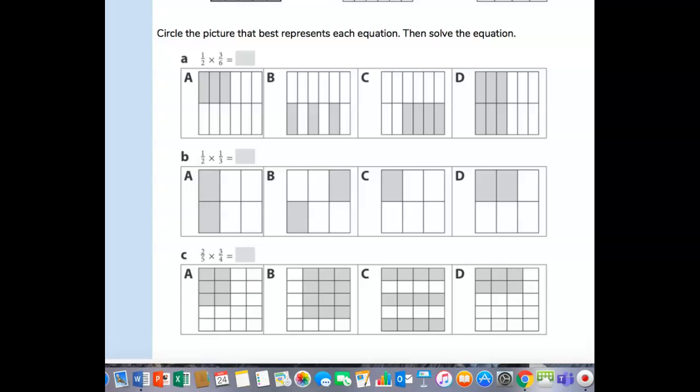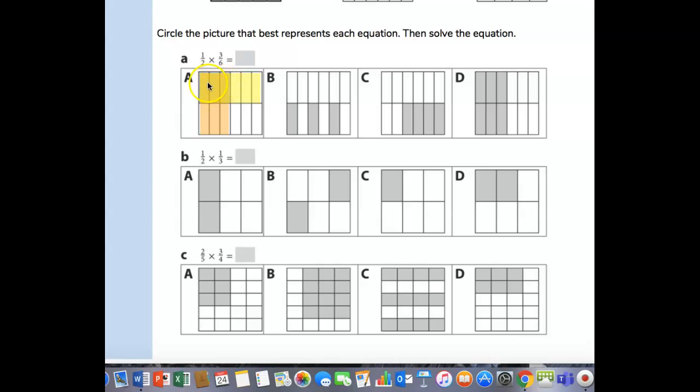Now, what we did was, and it's okay to do it this way, I just wanted you to see the whole thing. We shaded in all of the 3/6, you see, and then we shaded in all of the 1/2. See, 1, 2, so this is a half, and where they are together is your answer.